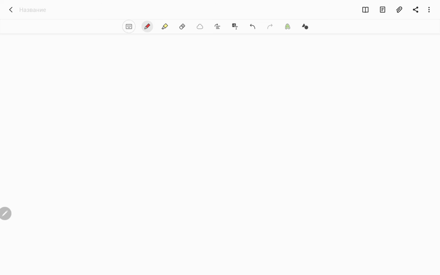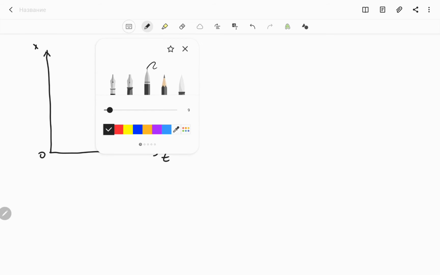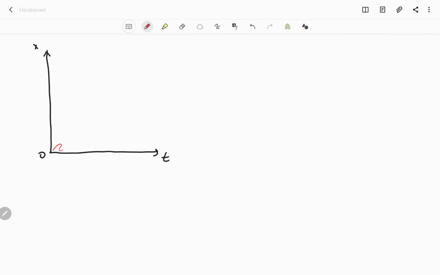So let's explain it in terms of a graph. Let's draw a position-time graph, position and time. Here we have 0. So let's say we have this kind of graph. We know that this is a motion with constant velocity, because this is a straight line.